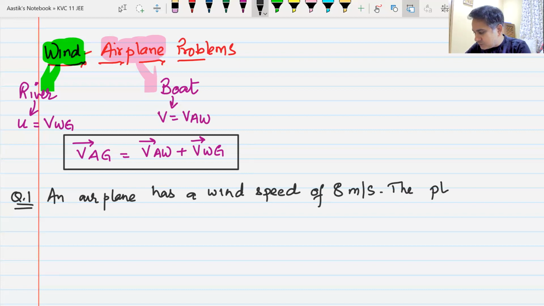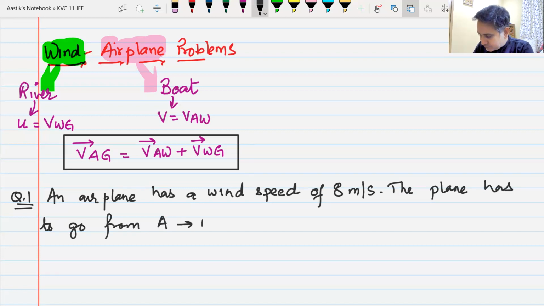The plane has to go from point A to B. Let me not make it 8. Let me make it 10. 10 meters per second.